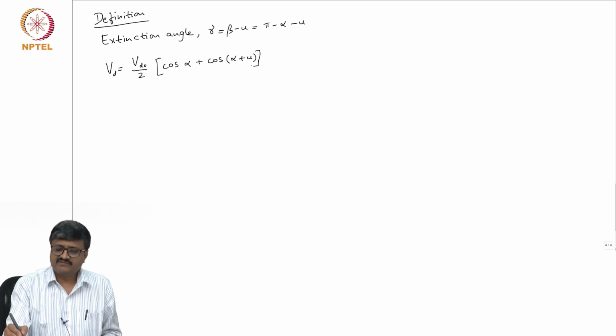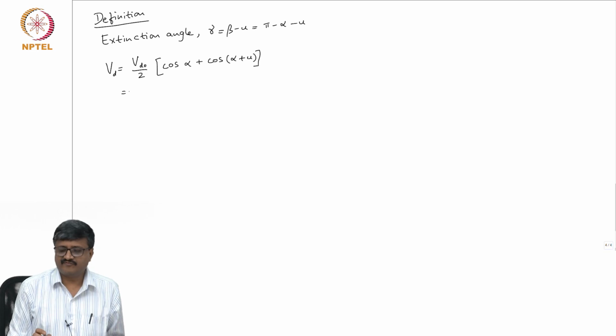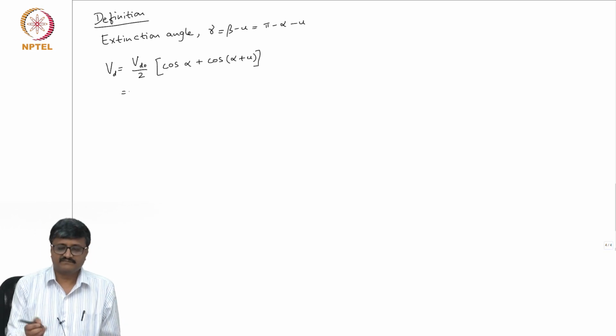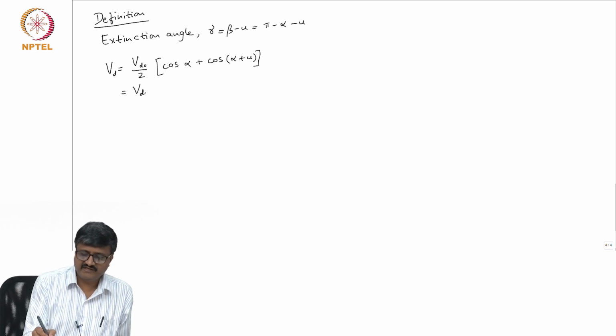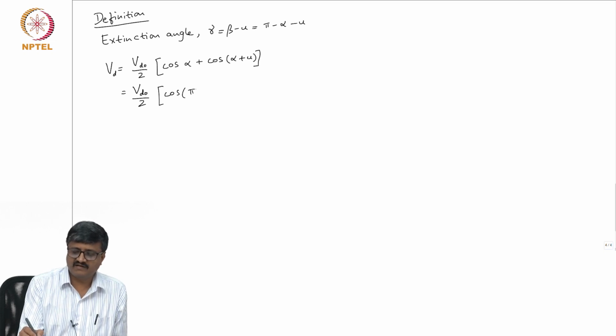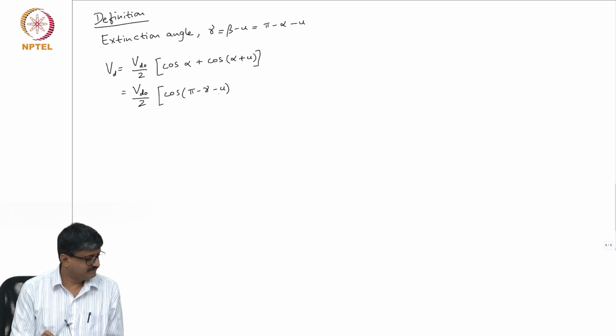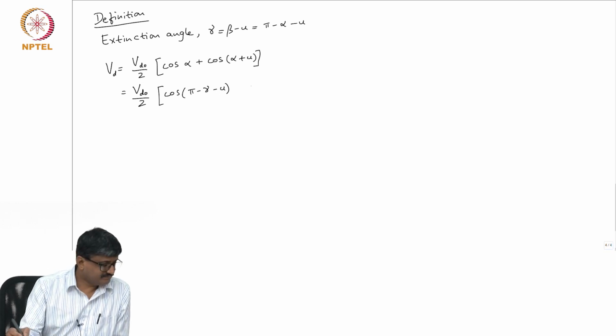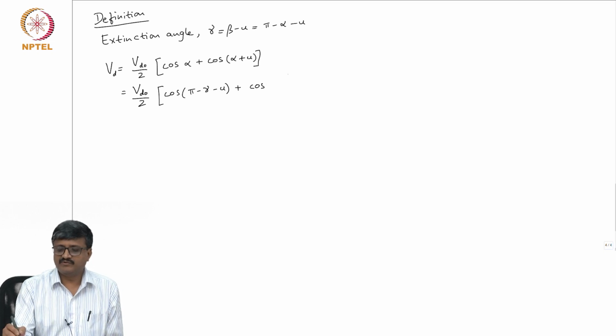So, what one can do is try to write this in terms of gamma instead of alpha. It is Vdo by 2 into cos alpha, which is pi minus gamma minus u, plus cos alpha plus u, which is pi minus gamma.